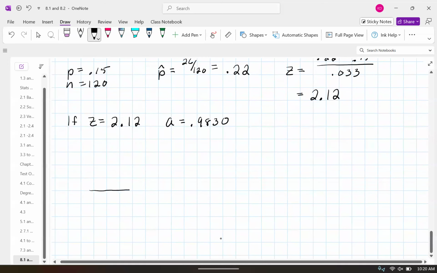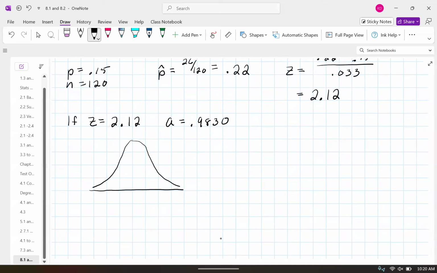If I were to graph this, my z-score is positive, and it's going to be over here. So let's shade that in.